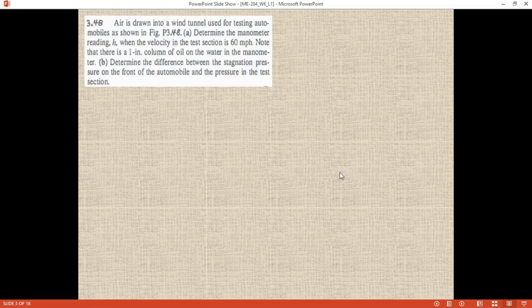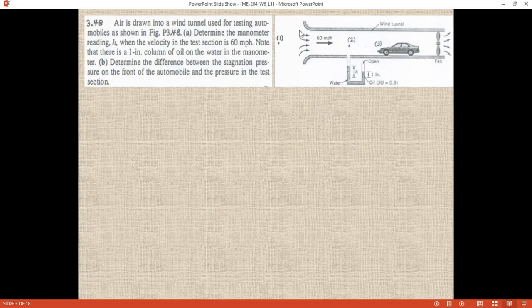The air is drawn into a wind tunnel used for testing automobiles, as shown in the figure. So this is the figure given. Determine the manometer height h when the velocity in the test section is 60 miles per hour. Note that there is a 1 inch column of oil on the water in the manometer.